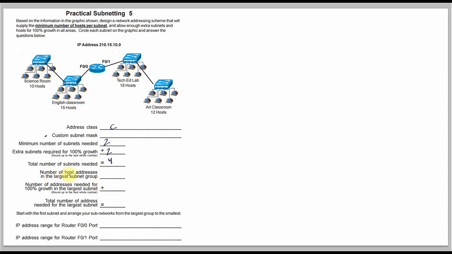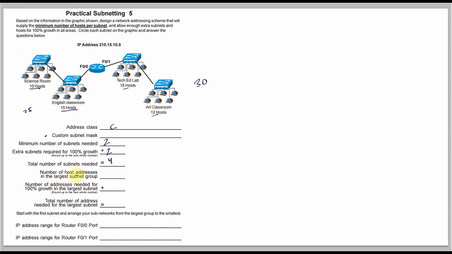Number of host addresses in the largest subnet group. Okay, so what is that? We have 10 hosts in there, 15 hosts in there. So that would make it 25, and we have 18 and 12, so that would make it 30.